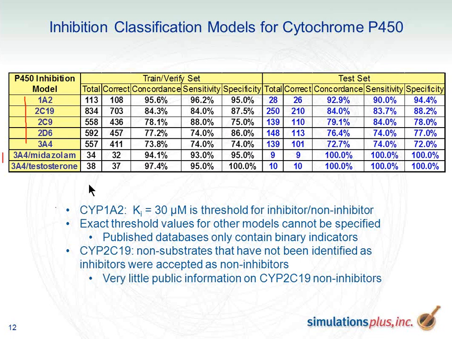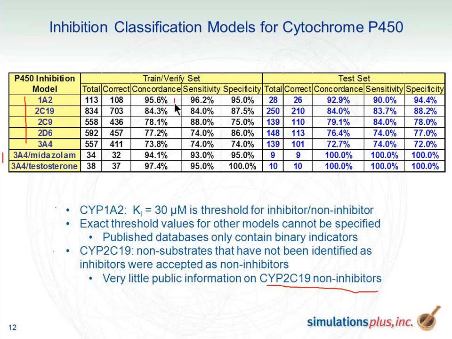For some of the other models, the exact thresholds cannot be specified because the public databases only contain binary indications. 2C19 was a little bit problematic also because there's very little information on non-inhibitors. So we accepted non-inhibitors that were non-substrates for 2C19 and were not previously identified as inhibitors of that.